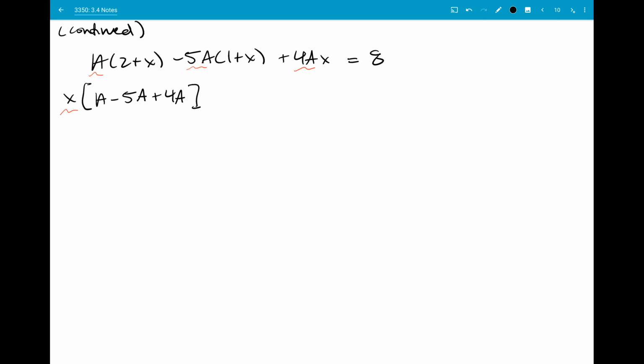And I've got ones. So that's going to give me, let's see, my underlines are going to get a little complicated here, but 2a right there, minus 5a right there, and 8 right there.